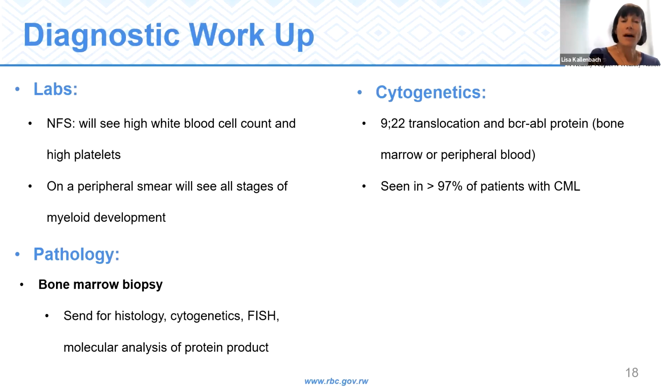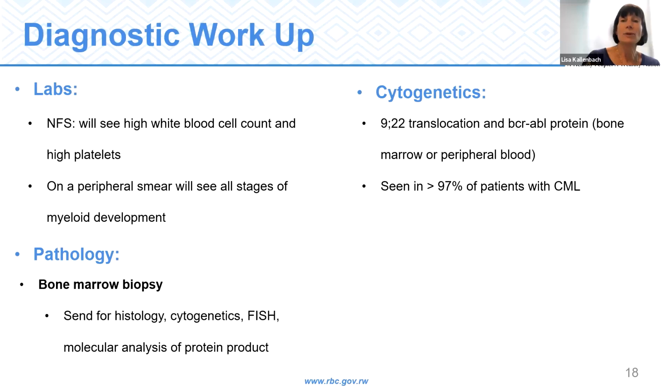On pathology, a bone marrow biopsy is required, and that is sent for histology, cytogenetics, FISH testing, and molecular analysis to detect that BCR-ABL product. In the cytogenetics, you will see the chromosome 9;22 translocation, and the BCR-ABL protein is detected on PCR testing in the upper blood.